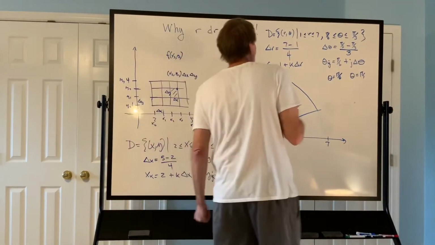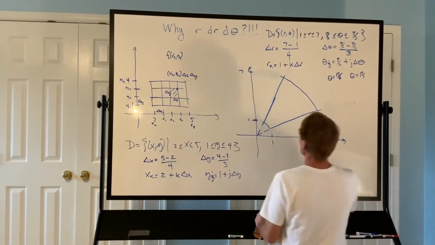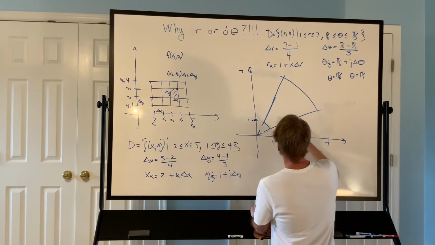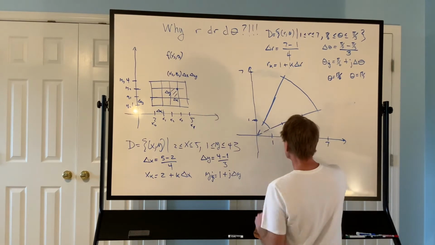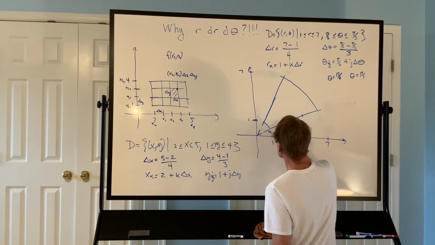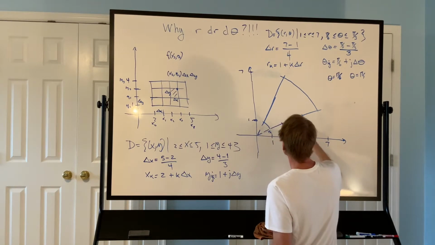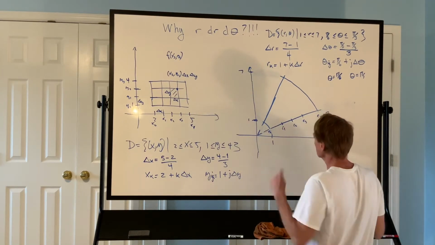Okay, so now we're chopping our radius into 4 pieces. So if we're thinking about this, this would be r0, r1, r2, r3, r4, which would be 7.